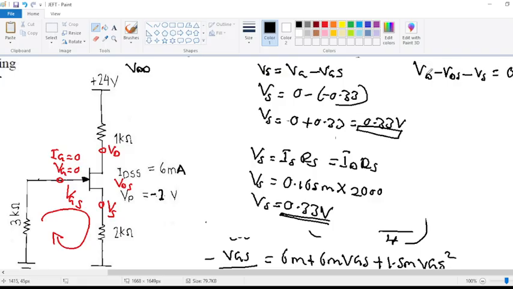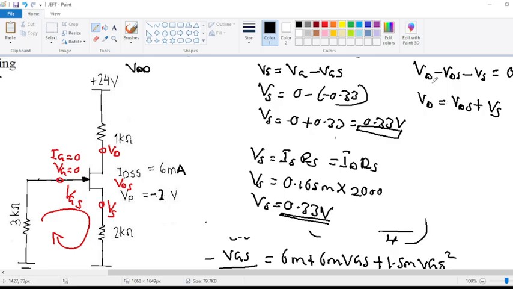From there, let's make VD the subject of the formula. So we're going to have VD is equals to VDS plus VS. This is our VDS.